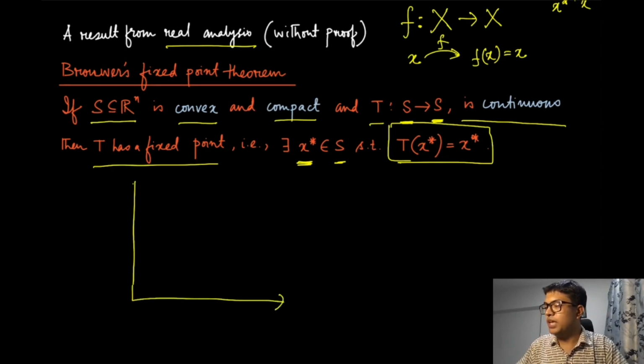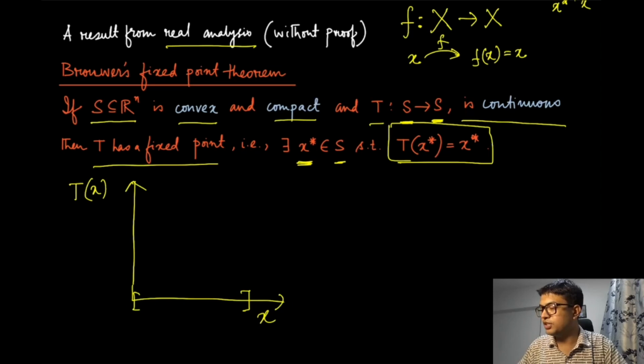But I can give you an illustration of this result in two dimensions. Suppose we have something very similar: T of x on the y-axis, and x on the x-axis. Suppose this function is mapping some interval, 0 to m, into itself, so on the y-axis you also have 0 to m.